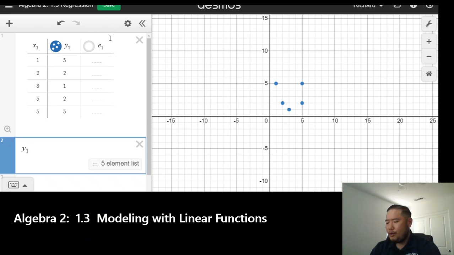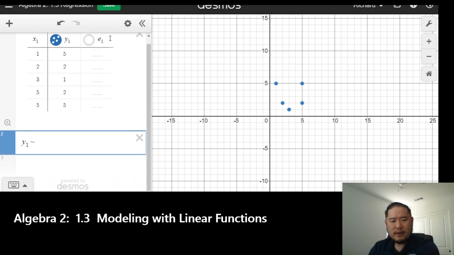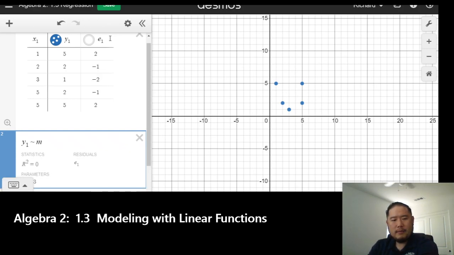Now for the next part, we're not going to use the equal sign. We use the tilde. So you press Shift, and then the button that's above the tab, and that's your tilde button. Next up, we've got M, X, okay? And now we're going to use data from X1, the first point. So we're going to do the same thing again.